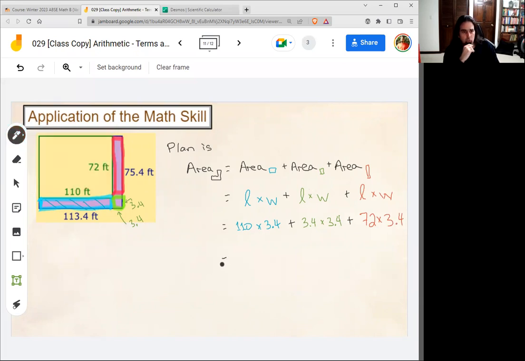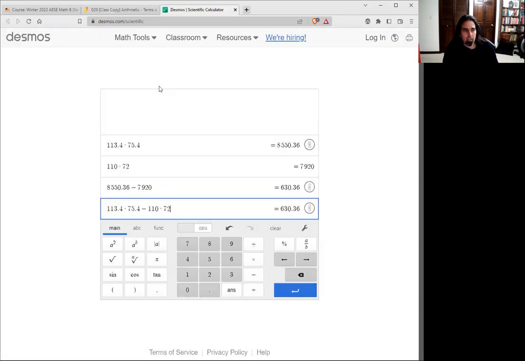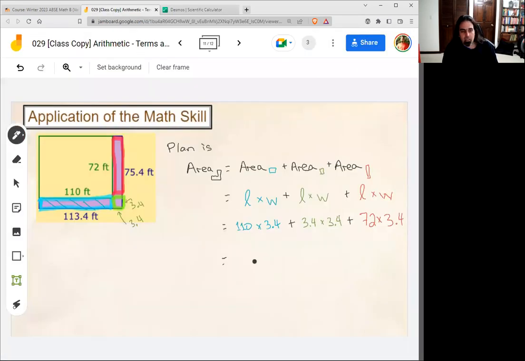Now, once again, I could put all of that in my calculator in one long line and it would do it. But I'm going to pretend that it helps me to do it step by step, each of these three terms separately, just for that good habit for when I get to algebra later.